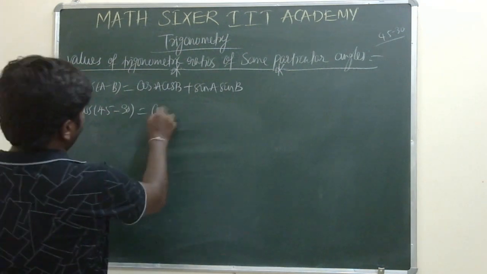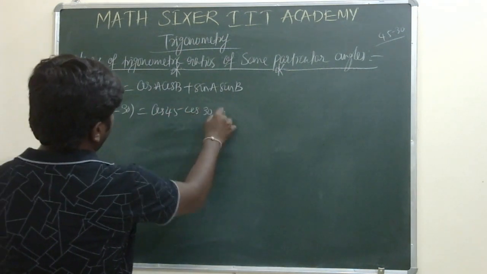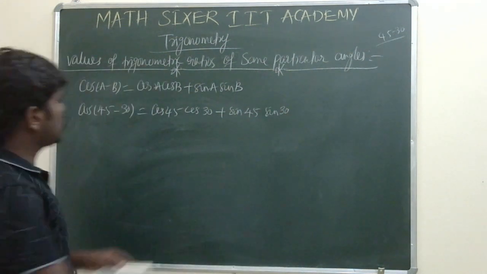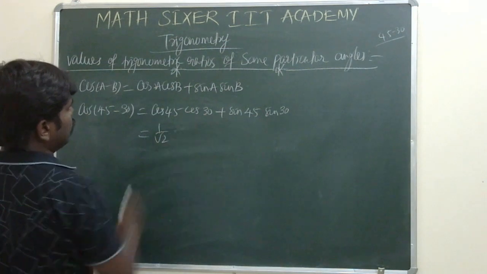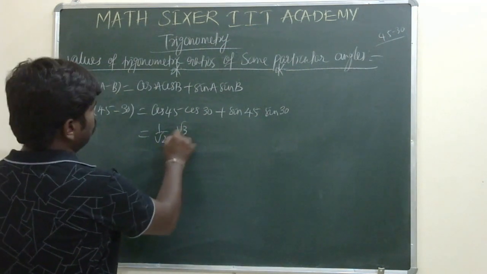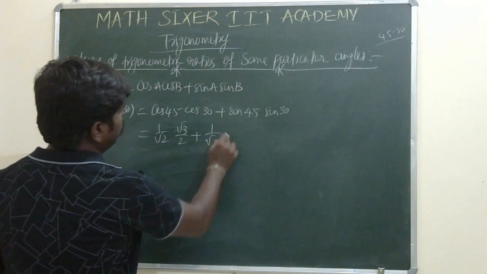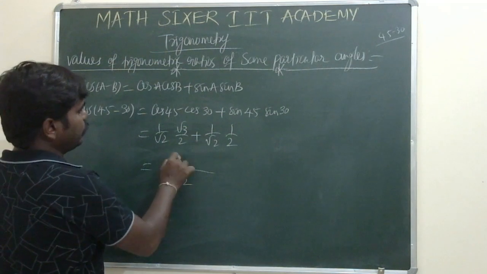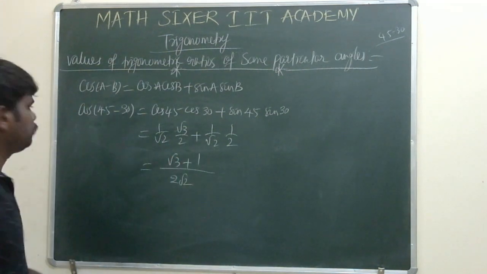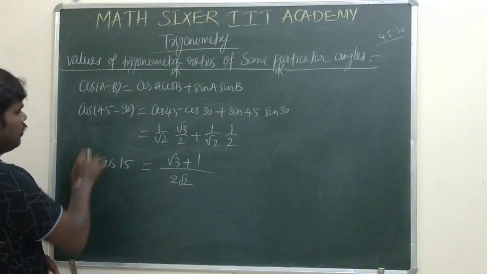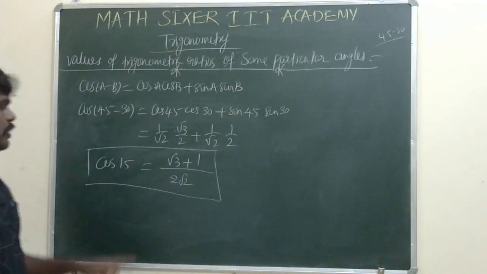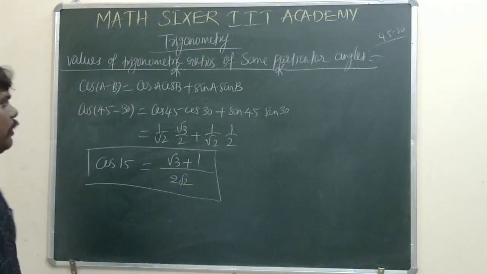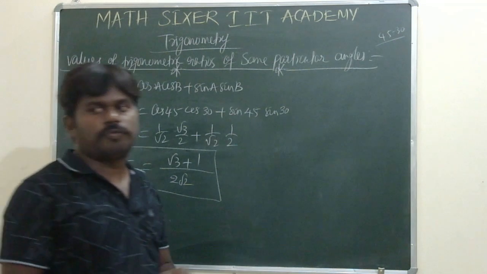Then we get cos 45 cos 30 plus sine 45 sine 30. So cos 45 is 1 by root 2, and cos 30 is root 3 by 2, plus sine 45 which is 1 by root 2 and sine 30 which is 1 by 2. So the LCM is 2 root 2 and in the numerator we have root 3 plus 1. On the left hand side we have cos of 45 minus 30, which is 15. So hence cos 15 is equal to root 3 plus 1 by 2 root 2. Okay, so that's all about sine 15 and cos 15.